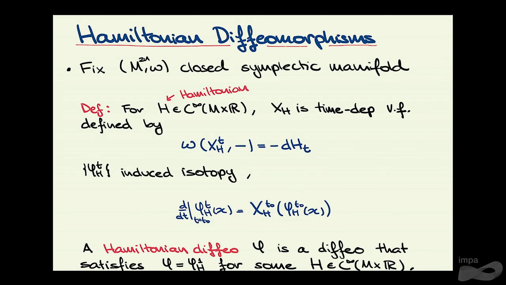What I'll add that hasn't been said before is that in some cases today, we'll take this one-form, which is usually exact in the Hamiltonian case, to be just a closed one-form α, and that's going to induce, in the same way, a symplectic vector field and a symplectic isotopy.